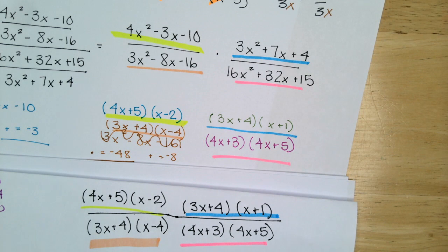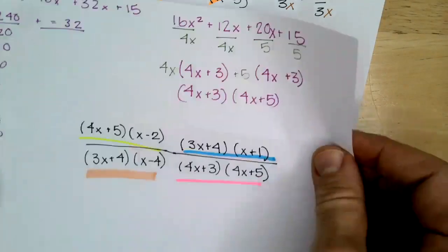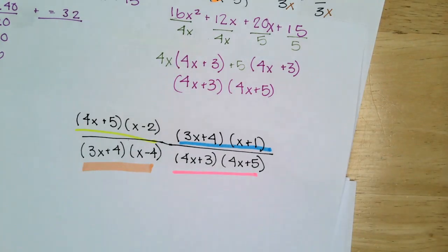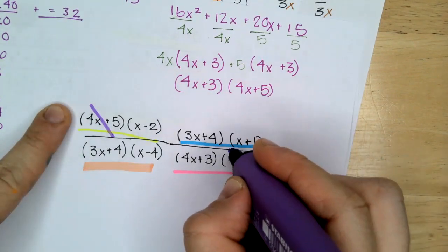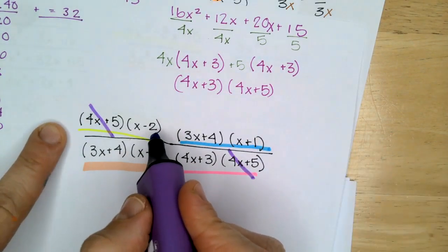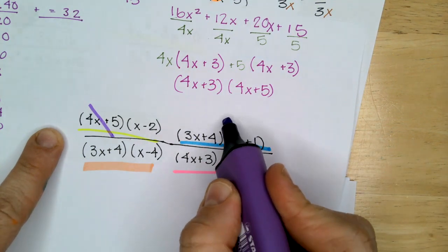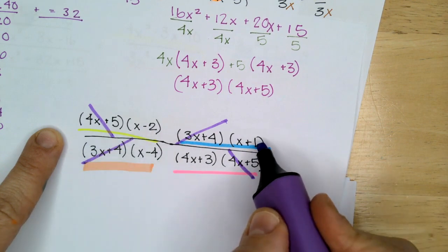So we have factored it. We haven't simplified it yet, but we have factored it. So this is number 11 in factored form. Now you just want to look at the top, 4x plus 5, for example. You see a 4x plus 5 here, 4x plus 5 here. X minus 2. I don't see an x minus 2. 3x plus 4. I see a 3x plus 4 here. I see a 3x plus 4 here. X plus 1.